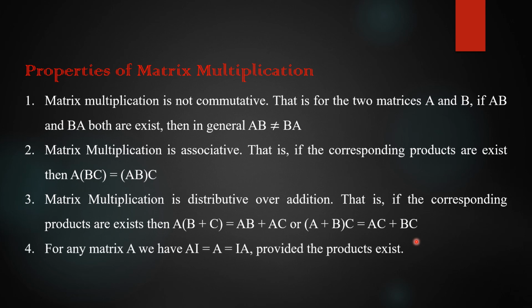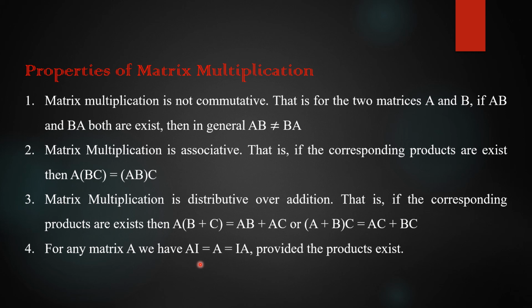And then for any matrix A, whatever the order is, if A into I exists, provided the product exists, then A into I is always equal to A. I mean the identity matrix. The identity matrix works like 1 in the number system with respect to product.